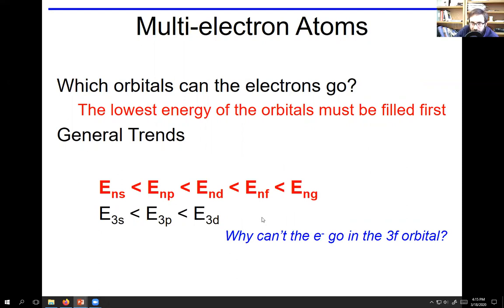Why didn't I write a 3f orbital here? Let's think about that. That would have been a breakout session type problem for us, but for now, let's go to our whiteboard and try to figure that out together.